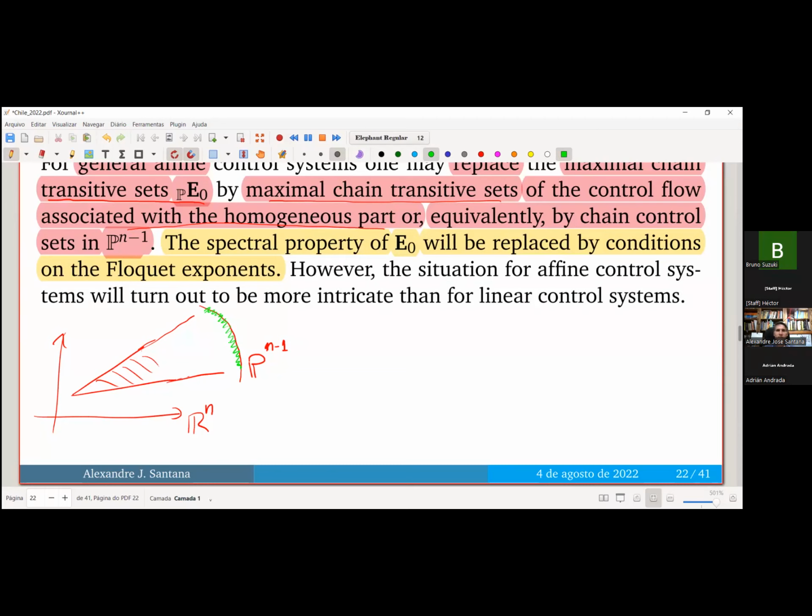So it will be the maximal chain transitive set for the homogeneous system, because here I consider the affine system Ax plus a plus (ub)x plus ub in R^n, and here in P^n the system will be x dot equal Ax plus ubx, and this green set here will have the property that we can go from one point to another point by jump.